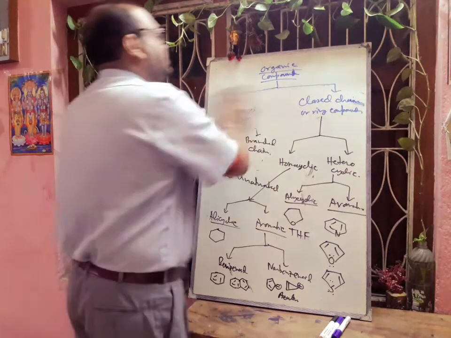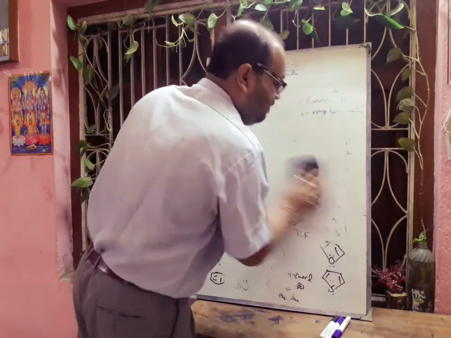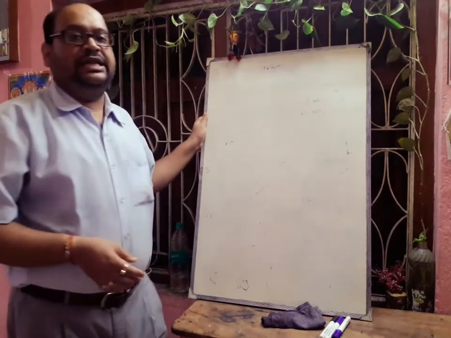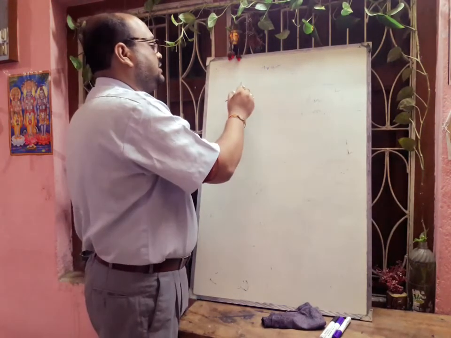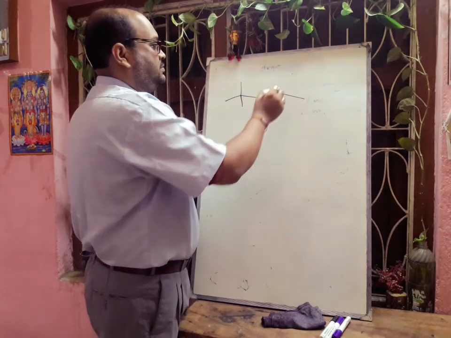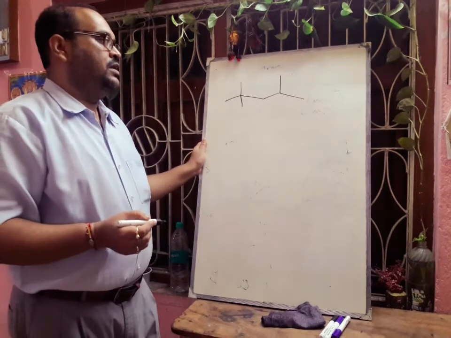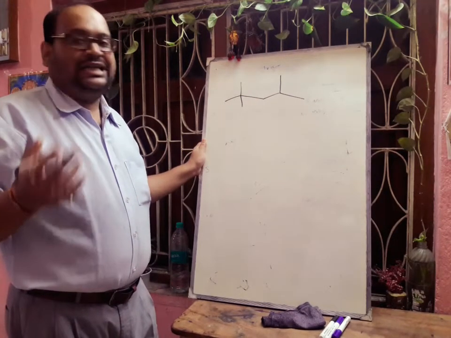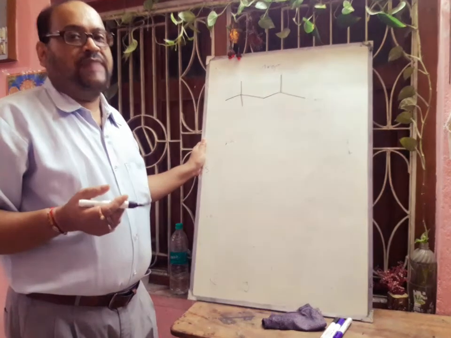Next we will discuss the classification of carbon as primary, secondary, tertiary and quaternary. If we draw one structure, you can easily understand which one is primary, which is secondary, which is tertiary. When a carbon atom is attached to only one carbon atom, it is called a primary carbon atom.